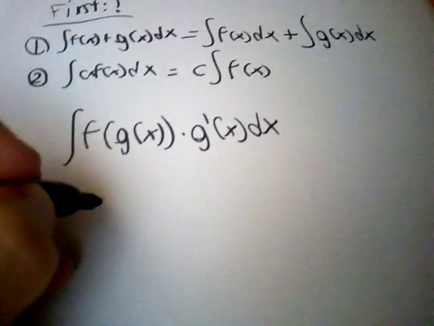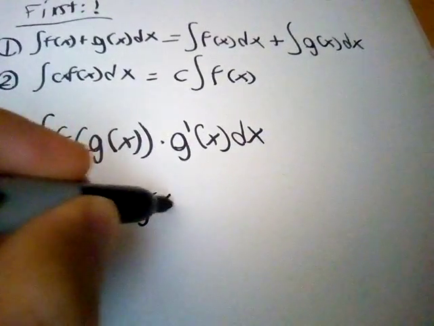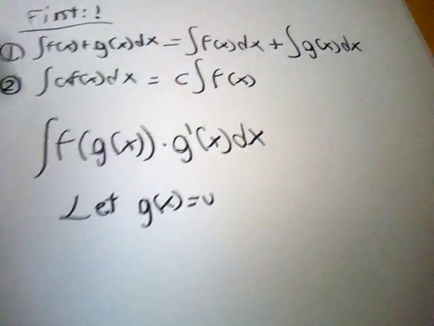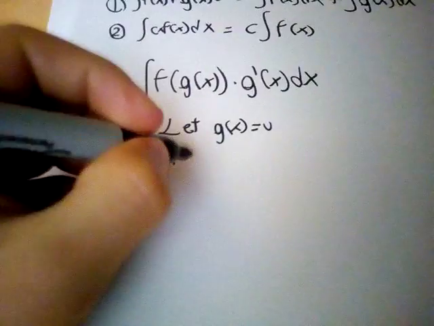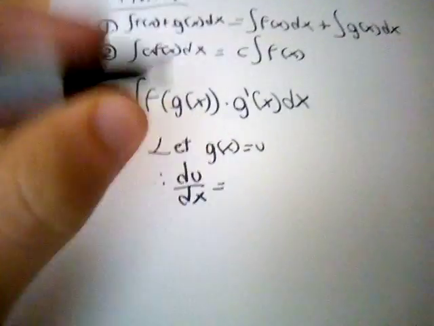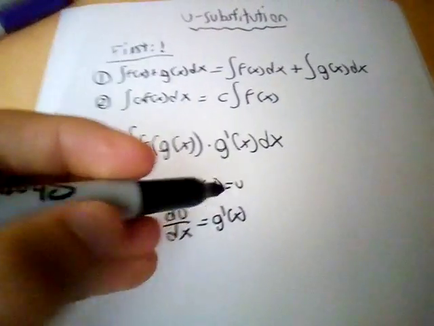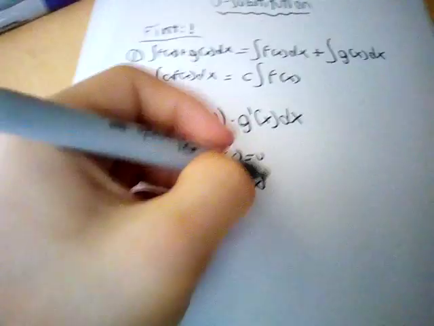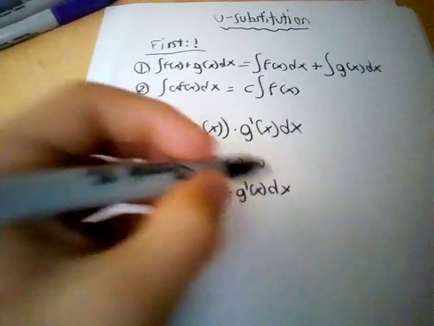We can just say let g of x equal u. Okay, so we just say it's the variable u. Therefore, du dx, so the derivative of u, well, that's going to be g dash of x, the derivative of g of x. We can multiply both sides by dx. I know they tell you not to treat it like a fraction, but you can do that.